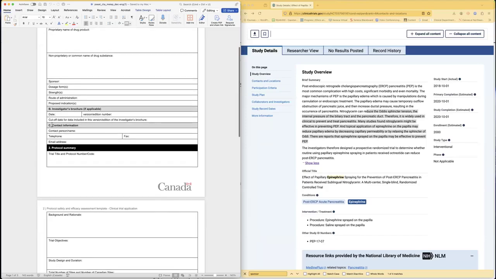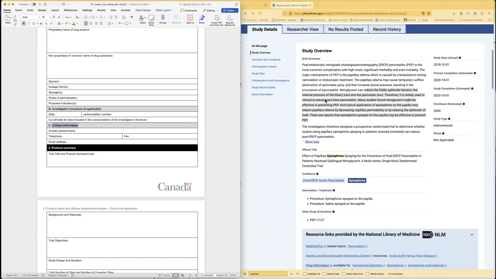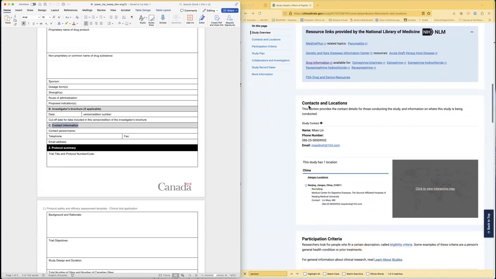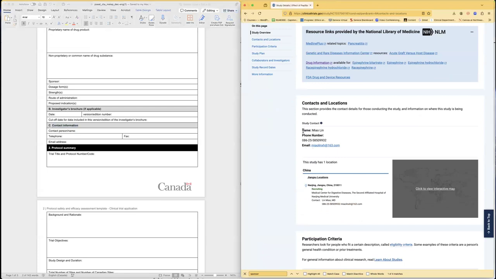Then for the contact information, we are going to find it here, for example. In the contact and location section, we have this name, this phone number, and this email. So by searching for the contact information here, we are going to use the contact information which is already registered.